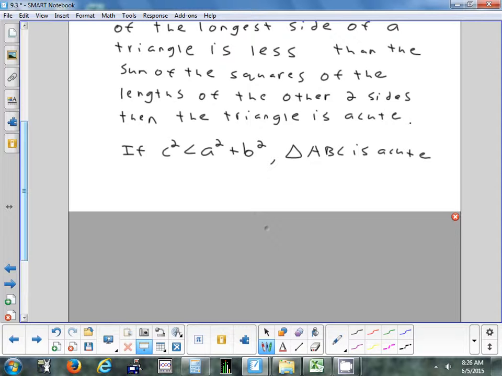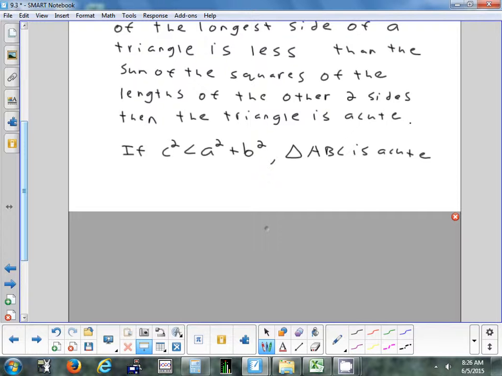And then theorem 9.7 is basically the same thing, except it's going to be for obtuse. Without me even showing you, anybody have a guess how this inequality is going to change when it's obtuse? Yeah? C squared is bigger than a squared plus b squared. Yeah.